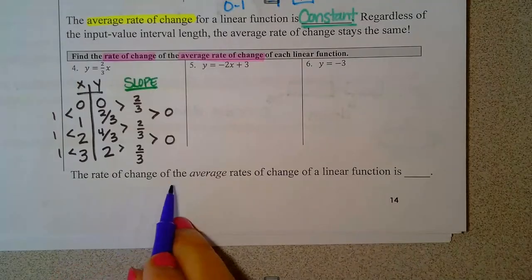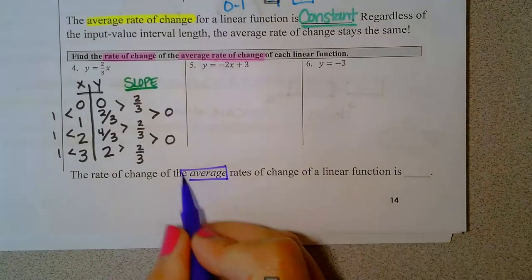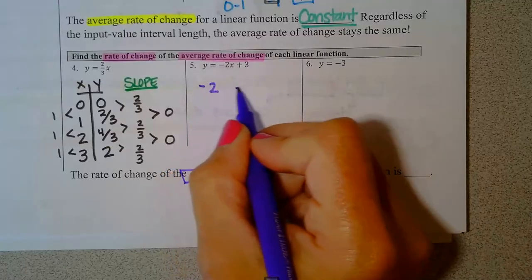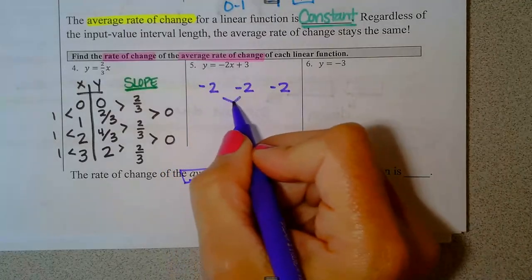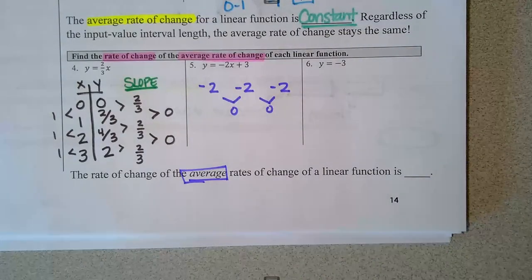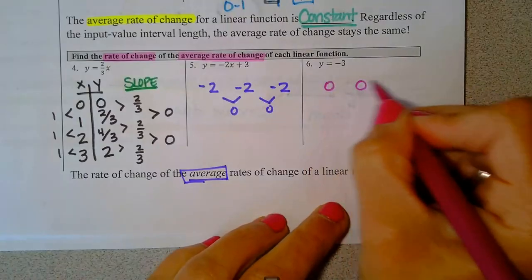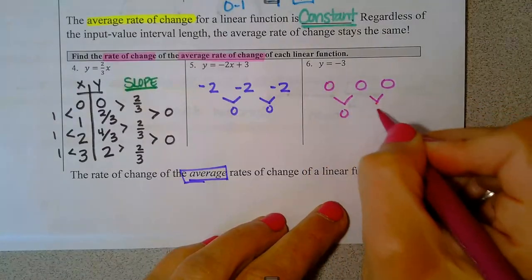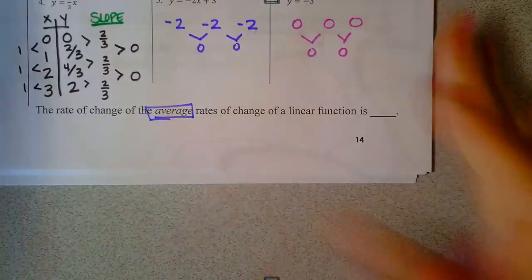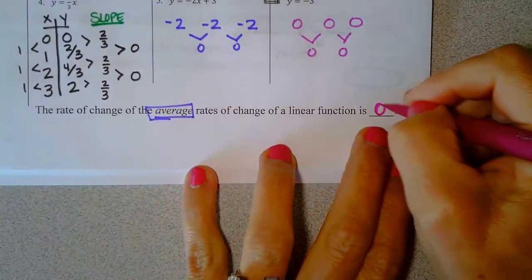The rate of change of the average rates of change of a linear function is, it's kind of the same thing here. If all of those were -2, that's going to be 0, right? And if this was all 0, 0, 0, then my second difference is 0. So the rate of change of the average rate of change of a linear function is always 0.